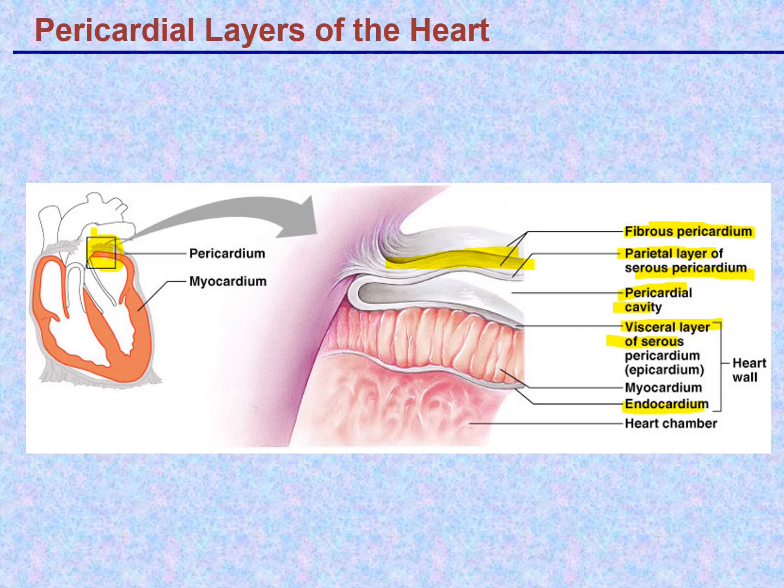So you have the pericardium, peri meaning around the heart: the fibrous pericardium, the serous pericardium with two layers, a visceral layer and a parietal layer, then the myocardium, which is the muscle tissue, and then the endocardium, the inner layer lining the chamber, which is lined with a simple squamous epithelial lining of endothelial cells.